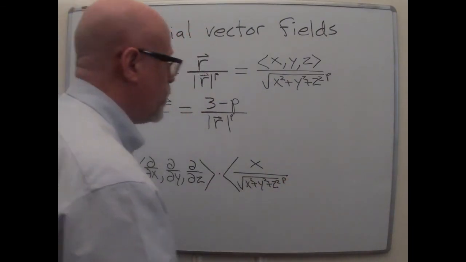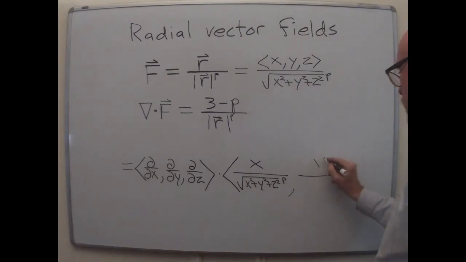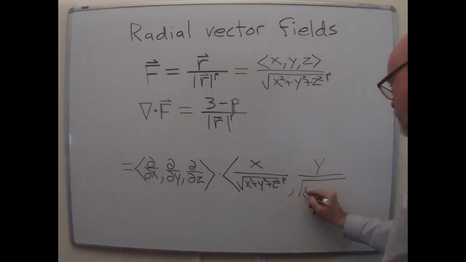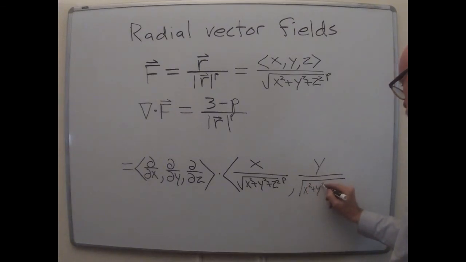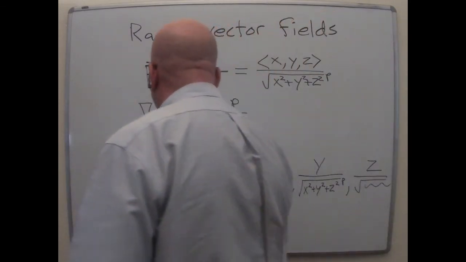That's what's in the first coordinate. And then in the second coordinate, it's y over same thing. And I guess you see how z is going to go. I'm just going to say a squiggle there, so you get the idea.